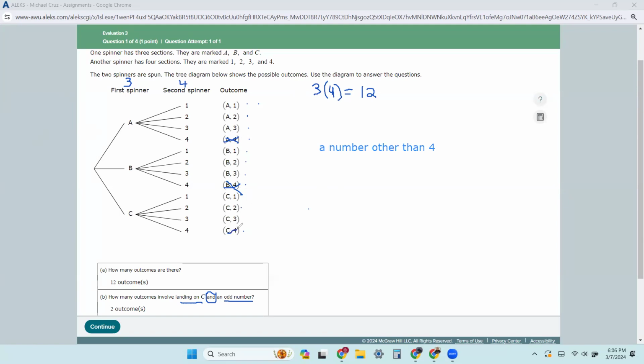There's the ones that are 4. So how many are left over? 9. 1, 2, 3, 4, 5, 6, 7, 8, 9. Right? All those are other than 4, correct? Numbers other than 4.